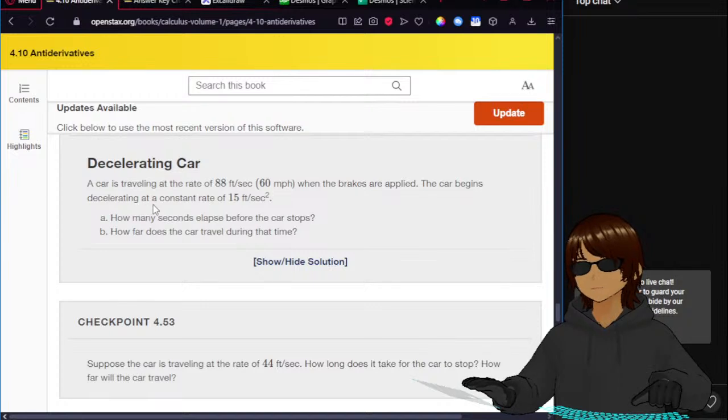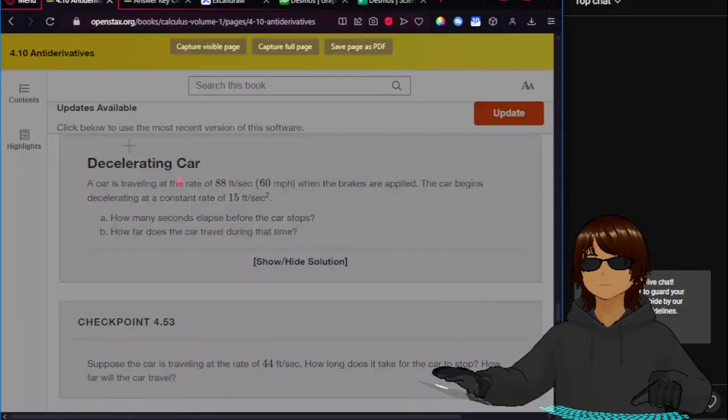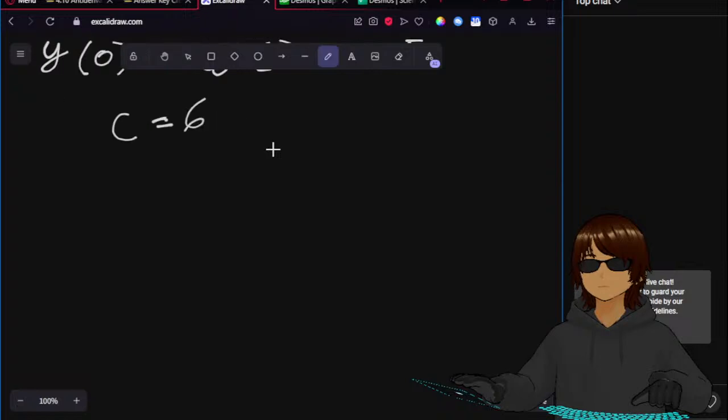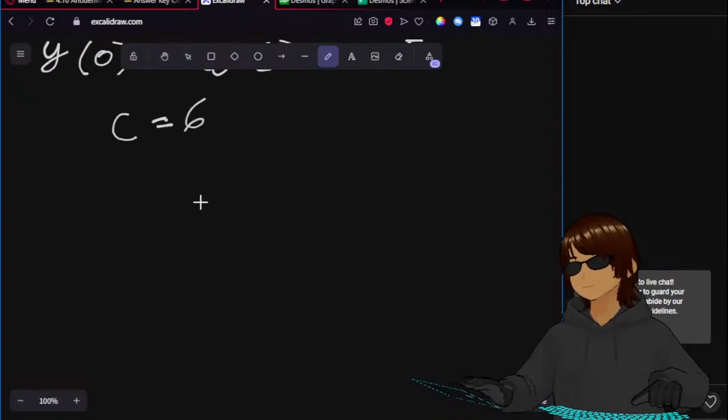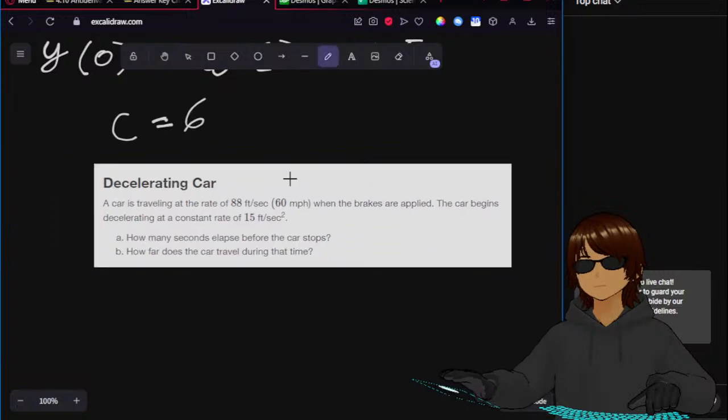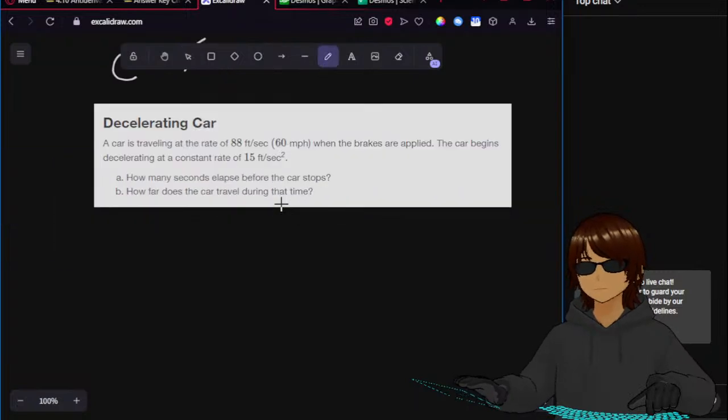How many seconds elapse before the car stops? So initial speed is 88.